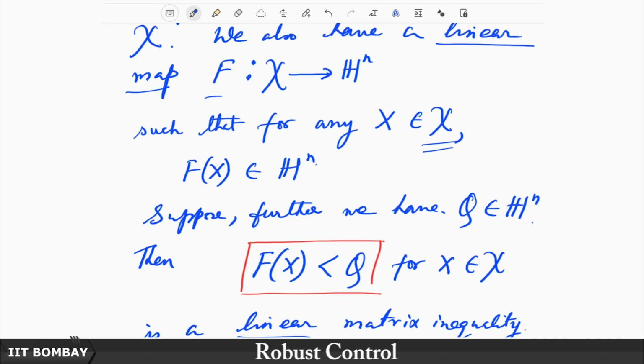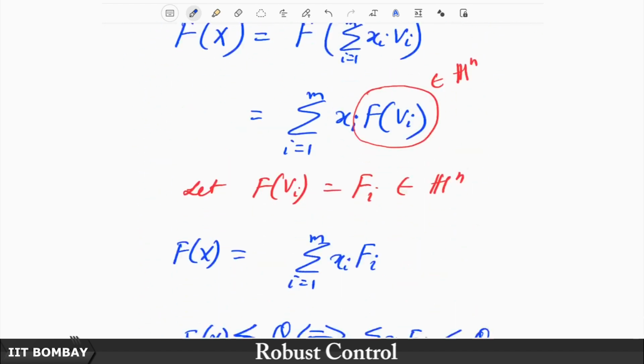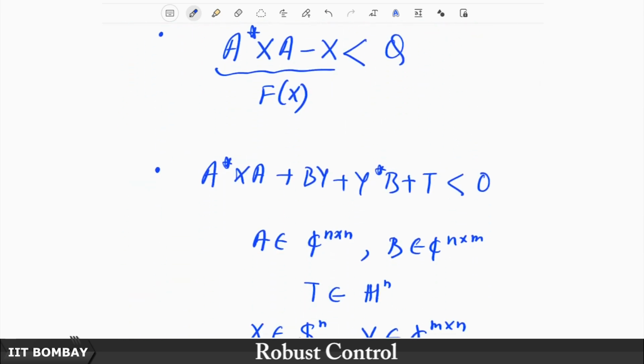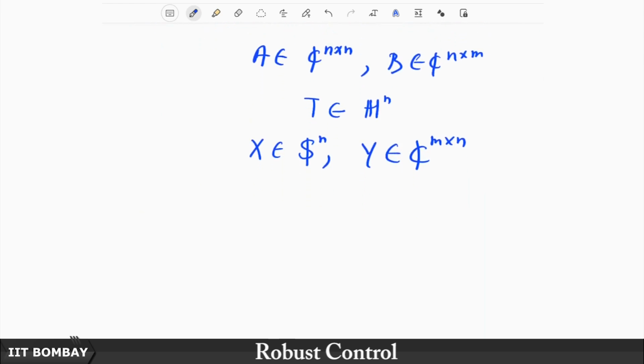In this second example, what is the domain of the f? When I know the domain of f, only then can I define it as some domain, take an object from this domain, map it through some linear map and call it an LMI. I have to pose it in that form. But unless I have found out what this domain is going to be, it doesn't make sense to talk about this as an LMI.